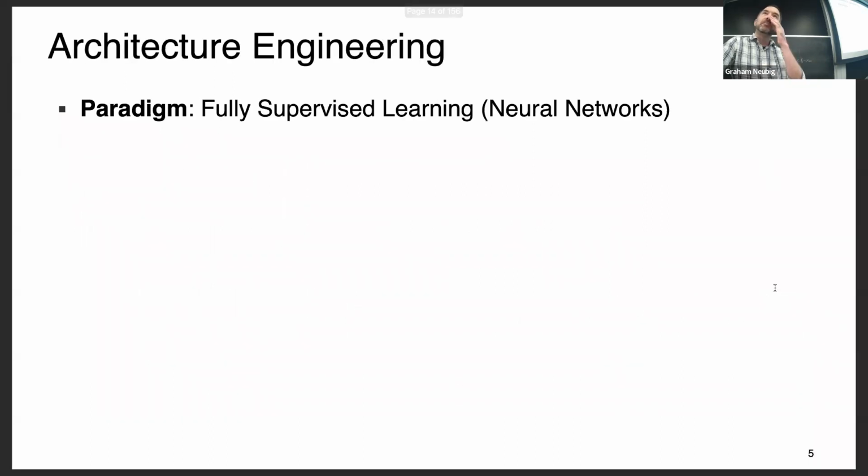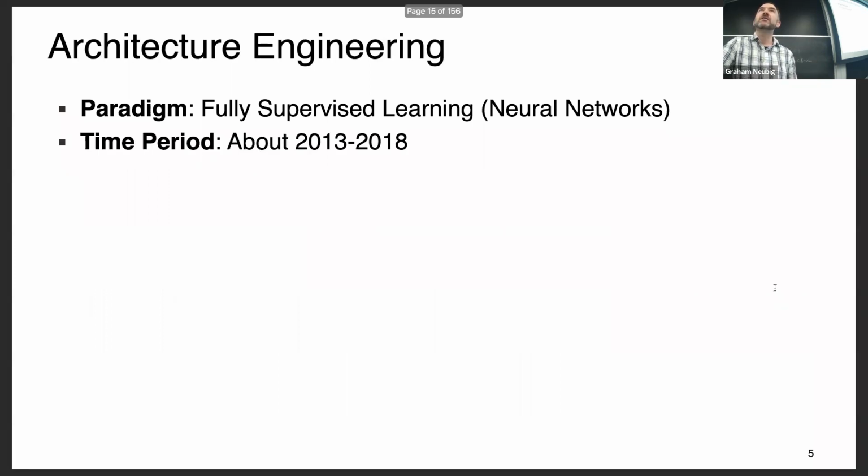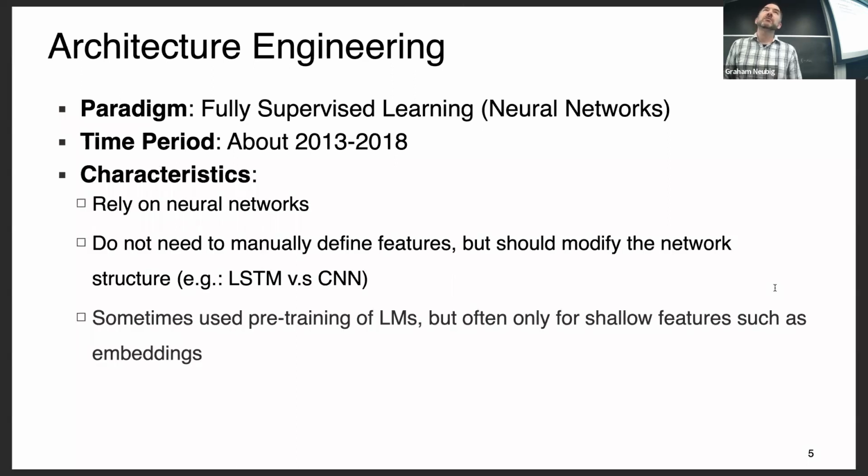Architecture engineering was generally used with fully or mostly fully supervised learning with neural networks. As I said, it's not completely obsolete at the moment, but we've transitioned away from it, and it was most popular 2013 to 2018. The characteristic is that it relies on neural networks.